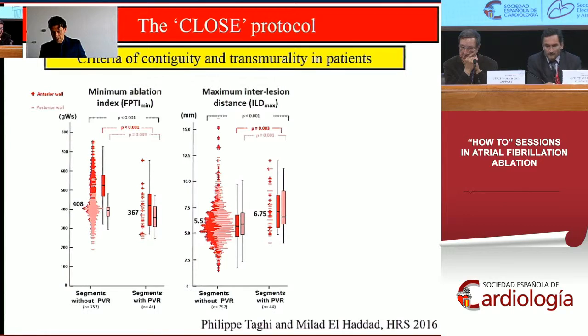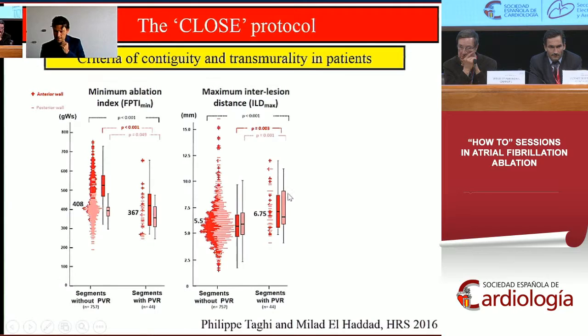So what you can appreciate is that if you would ablate with the value of 500 and more at the anterior wall, it would be very difficult to find a gap. If you ablate with 400 on the posterior wall, the likelihood of having a gap is really low. So that is how we come up with the index thresholds.